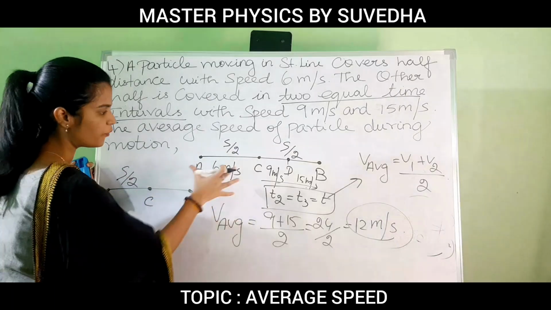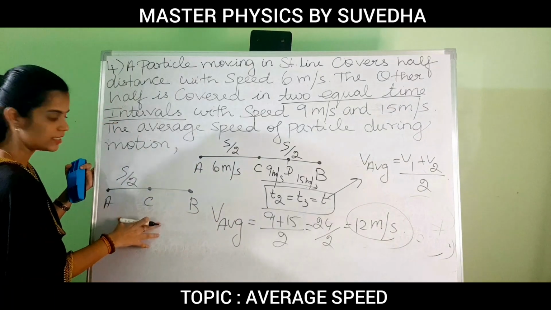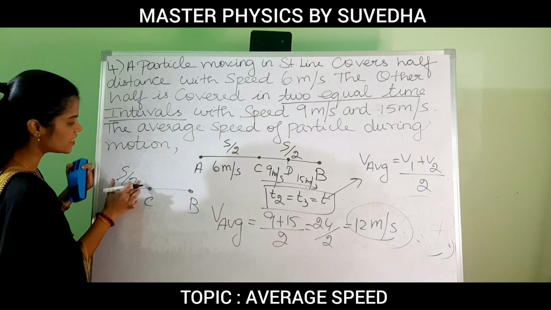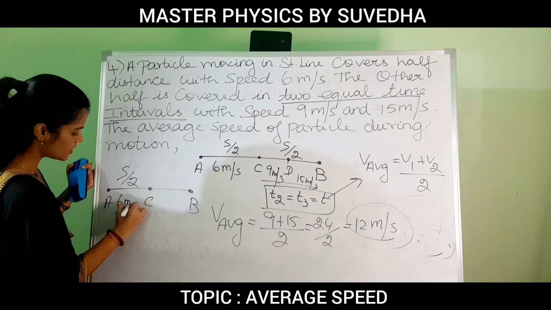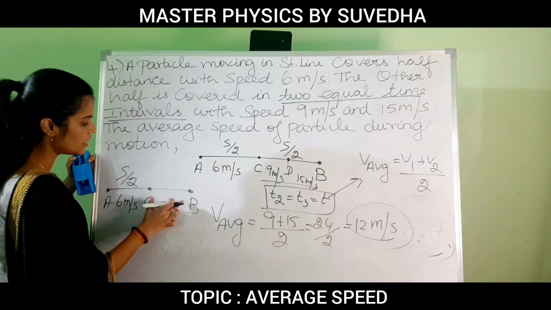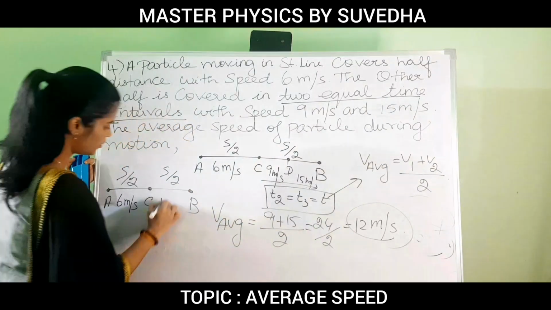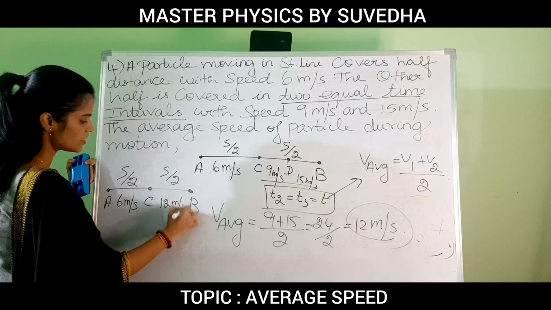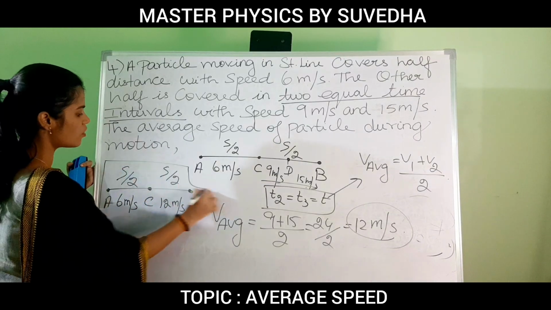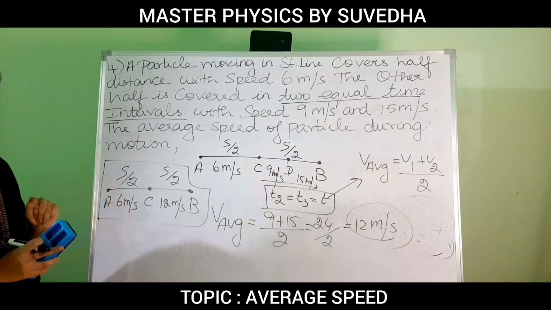I just simplified and moved into the next diagram. So A to C covers S by 2 at the same 6 meter per second, and C to B is S by 2. But what about the speed here? 12 meter per second. Now based on this concept, you want to find the average speed.